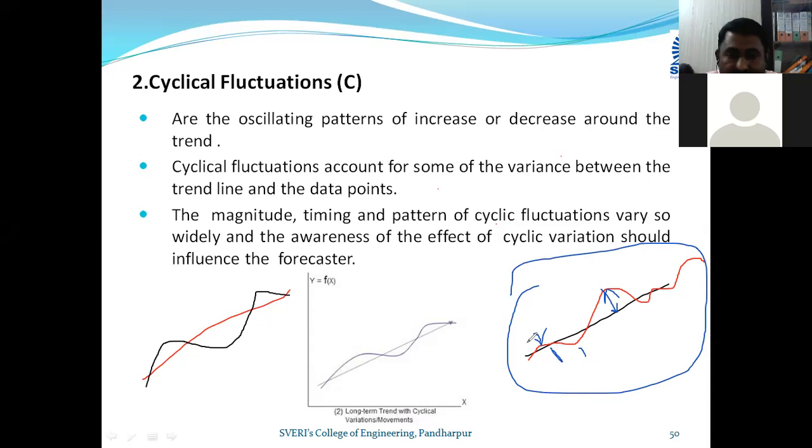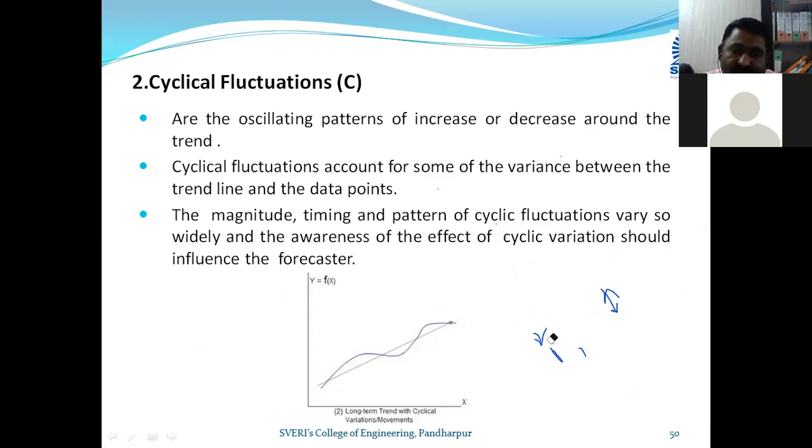So it is very clear that the magnitude, timing and pattern of cyclic fluctuations vary widely, and awareness of the effect of cyclic variation should influence the forecaster. Ultimately, if you are the forecasting person, you have to take these cyclic fluctuations into account.